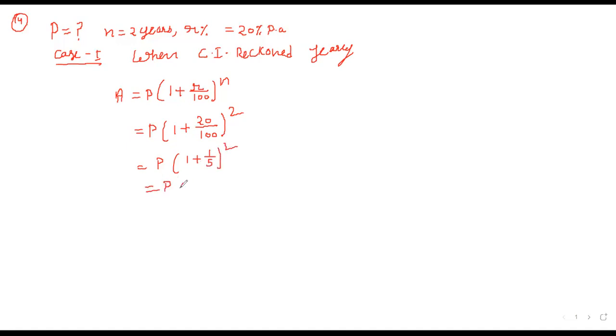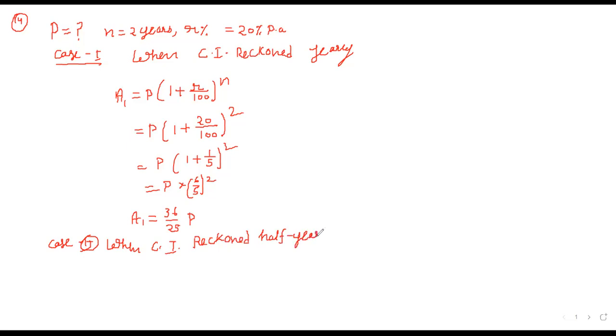So it is P into 6 by 5 whole square, that is 36 by 25 P, which is the amount A1. Case second, when compound interest is reckoned half yearly.